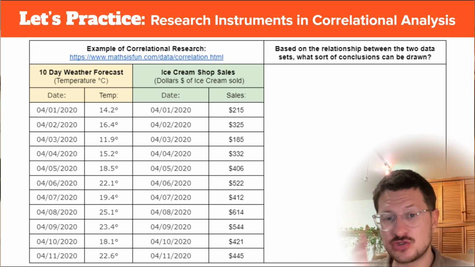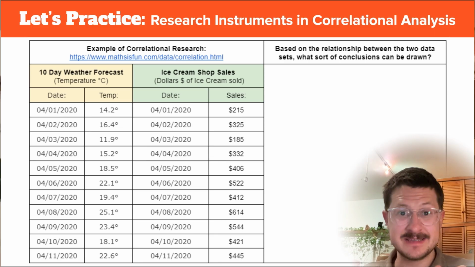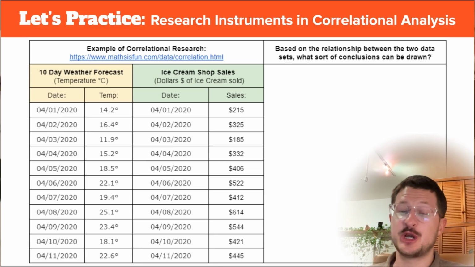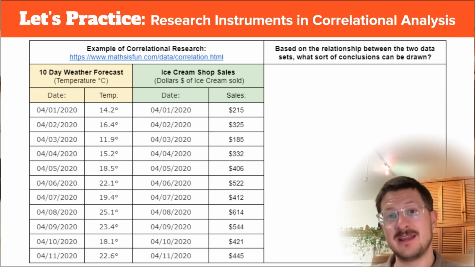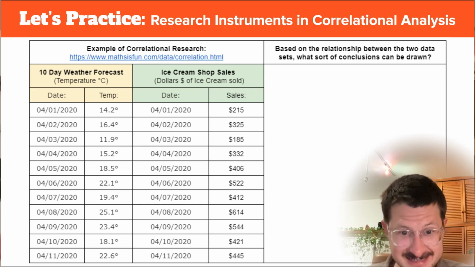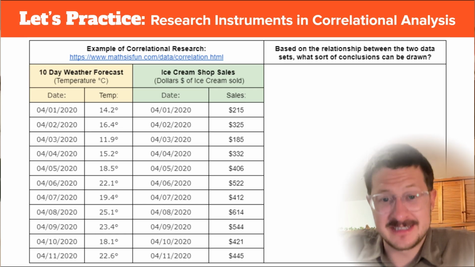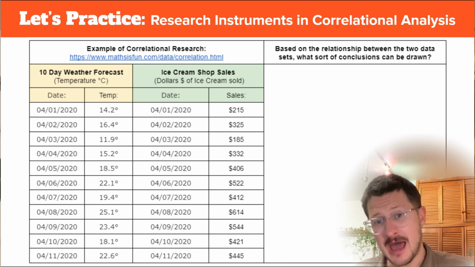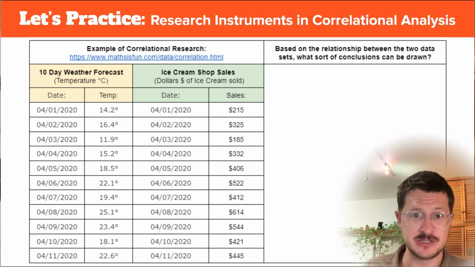Correlational analysis is trying to find a relationship between sets of data. So I notice when the temperature is higher, there is also more ice cream sales. This is classic correlational analysis. Two sets of data, and what I've really done is I've figured out how these two sets relate to each other.